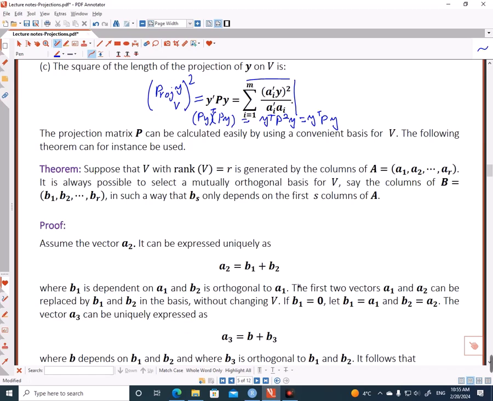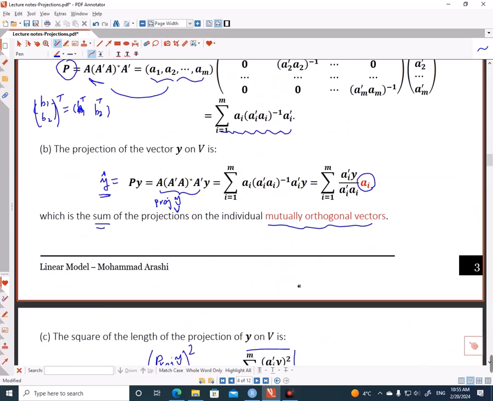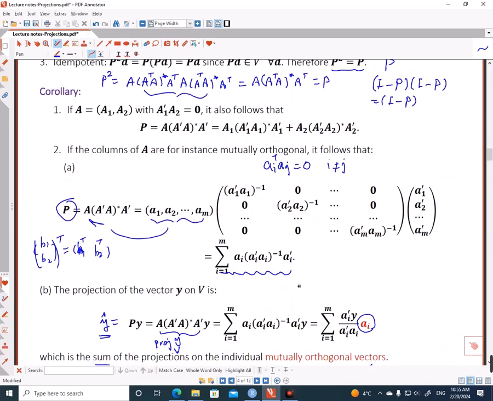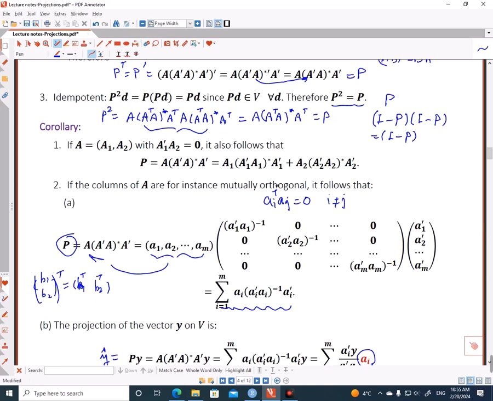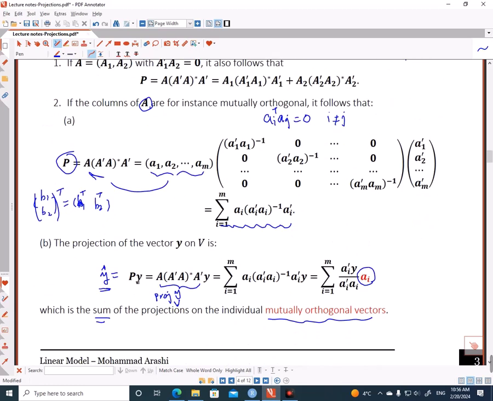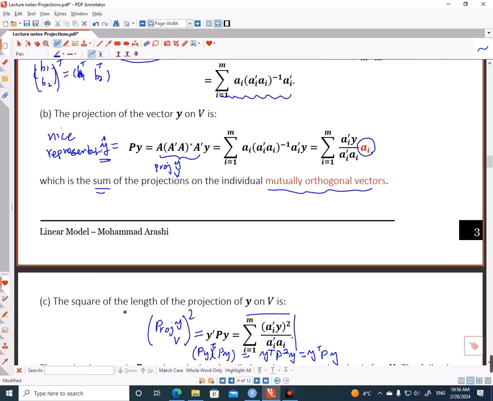Another important thing: if we come back again to this result, we see that if we can find mutually orthogonal vectors of A, we will have a very nice representation for y hat, and also for the square length.